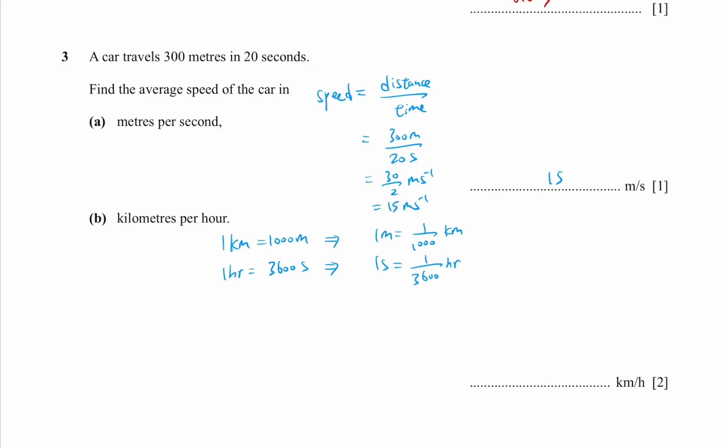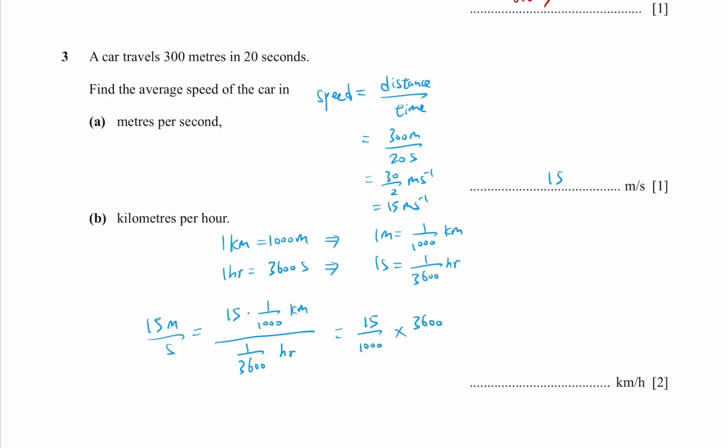And then 15 meter per second is equal to 15 times 1 over 1,000 kilometer over 1 over 3,600 hour, which is just equal to 15 over 1000 times 3600.